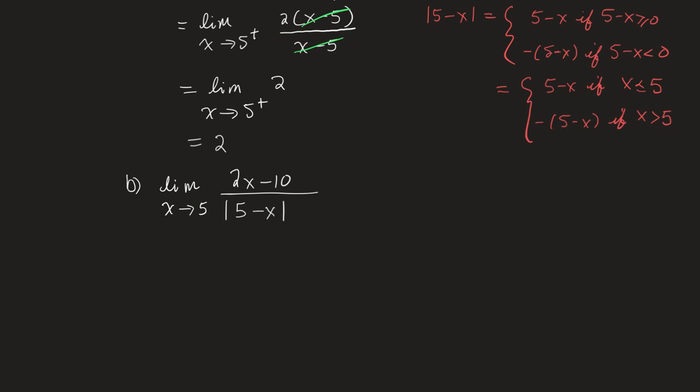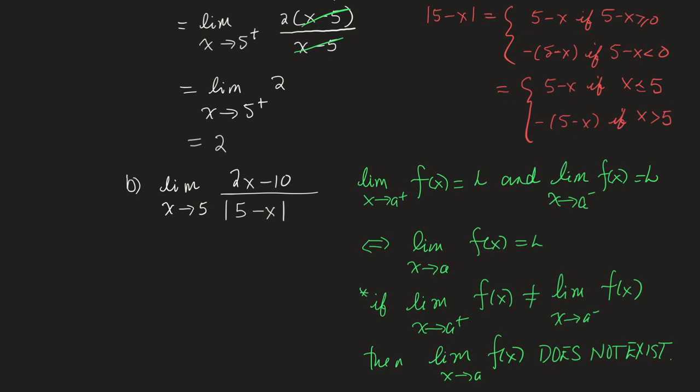Now, let's say we change the problem slightly, or there's a second part to the problem, and I want to find the limit as x tends to 5. I have to be really careful because this is a piecewise function. It's defined differently on either side of 5, and I'm approaching 5. So what I need to keep in mind is this.